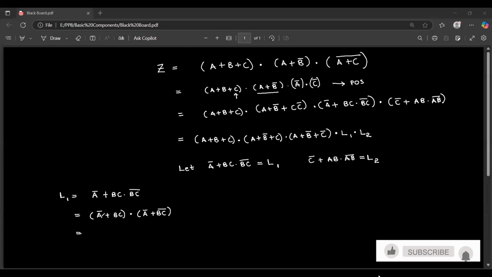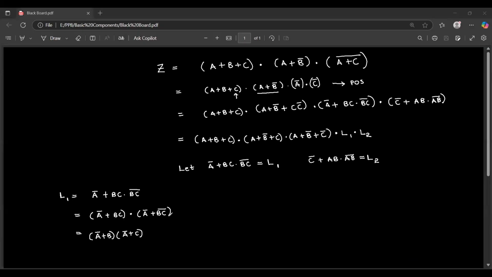Here A bar plus BC can be given as (A bar plus B) into (A bar plus C) according to the distributive law. And A bar dot BC whole thing bar is direct. We just break this down, which gives A bar plus B bar plus C bar.